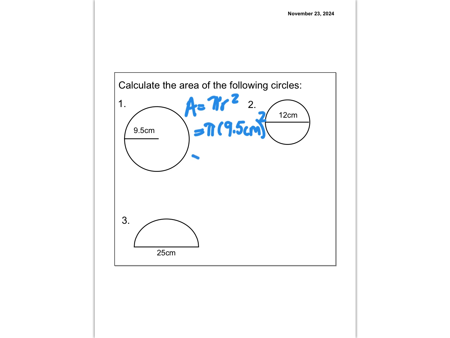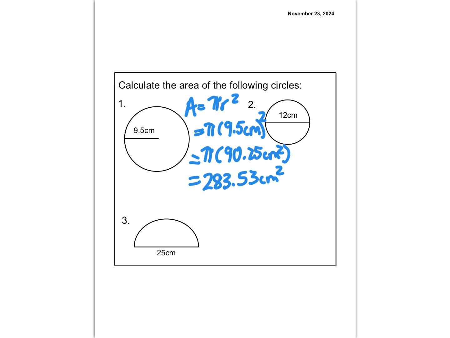It's a little bit higher. And then I multiply that by pi, and I'm going to get 283.53 centimeters squared.